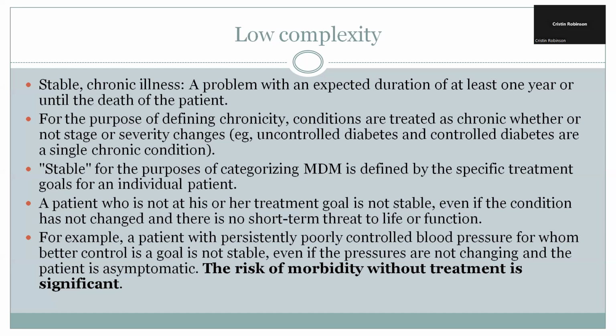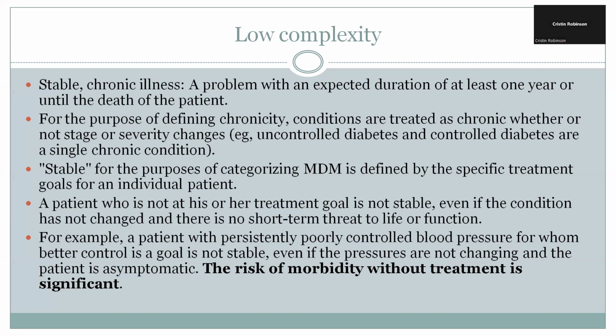For the purpose of defining a chronic condition, they are treated whether or not the stage or severity changes. For example, say uncontrolled diabetes or controlled diabetes, it's still the same chronic condition. There is not a separate diagnosis for uncontrolled or controlled. It's treated the same as far as the chronic condition.